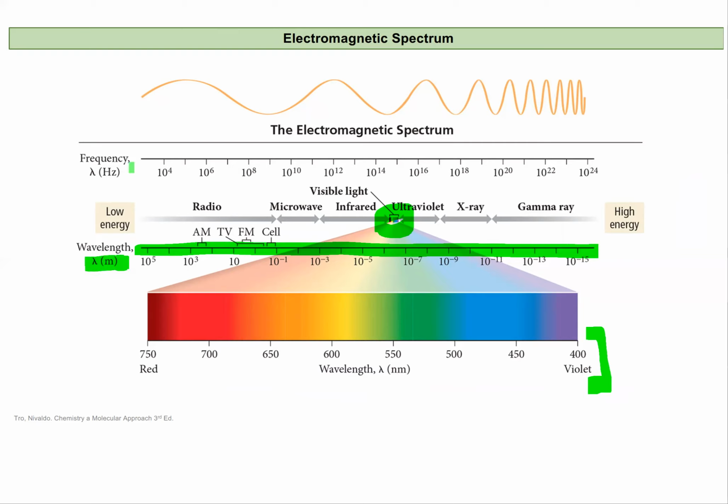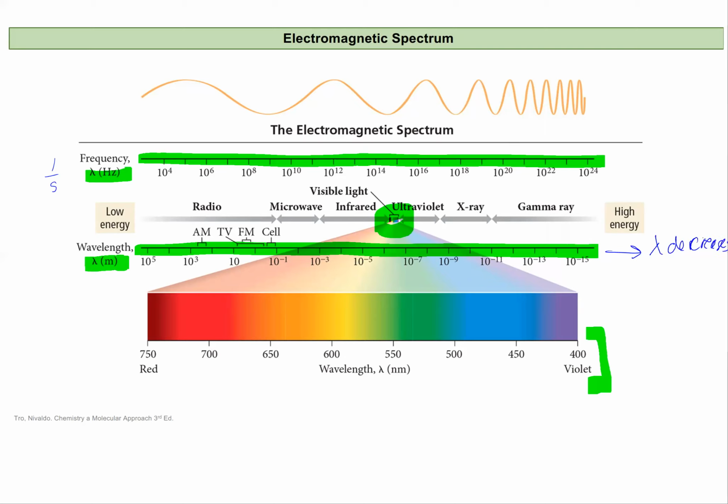We have this corresponded also into frequency up here in hertz, which is 1 over a second. And as our wavelength decreases, we see an increase in our frequency, which makes sense. As that wavelength decreases, more cycles will pass per second past a given point of observation.